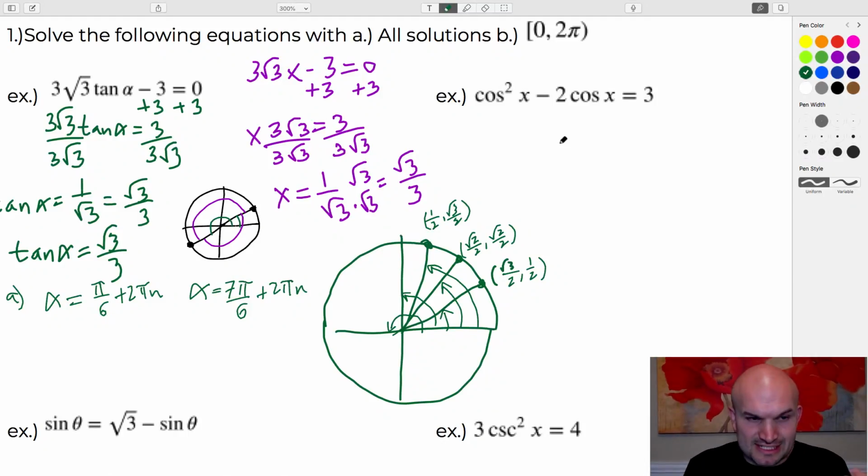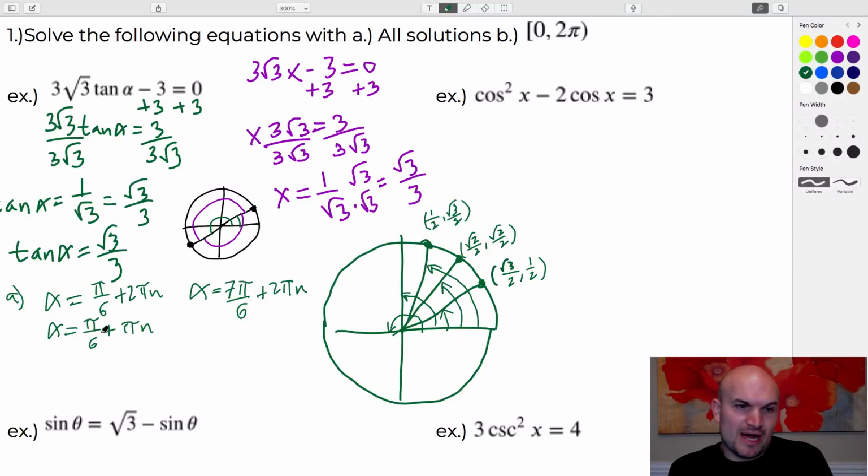But that's not really the simplified version. The simplified answer would just be to take the smallest positive angle, which is pi over 6, and add pi n. Because if you take pi over 6 and you add pi to it, you get 7 pi over 6. If you add pi to it again, you get 13 pi over 6. You can keep on adding pi to get all the solutions. You could also have n be negative numbers and go in the negative direction.